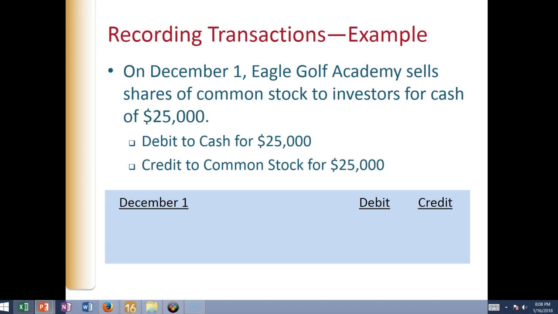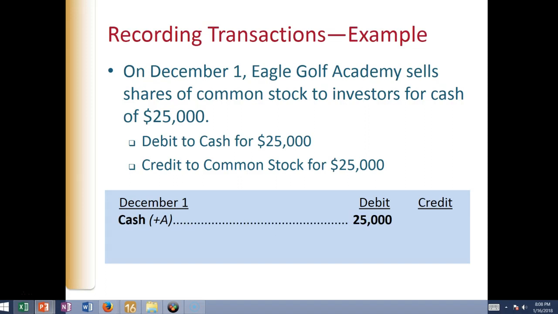On December 1st, Eagle Golf Academy sells shares of common stock to investors for cash of $25,000. So cash increases, common stock increases.